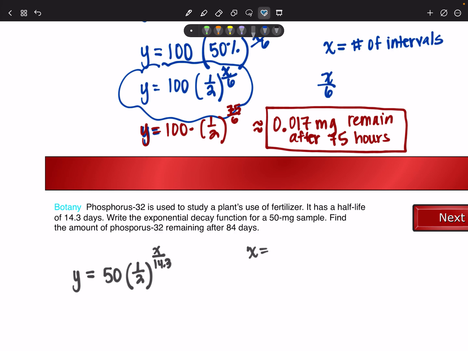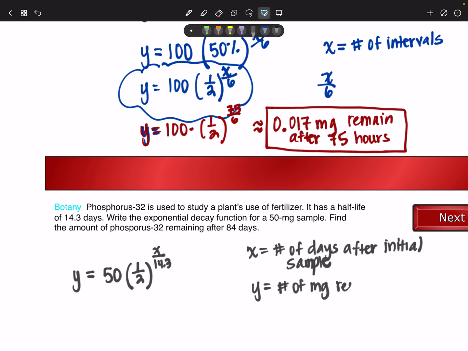So x is going to stand for the number of days after the initial sample. And then y is going to stand for the number of milligrams remaining after x days.